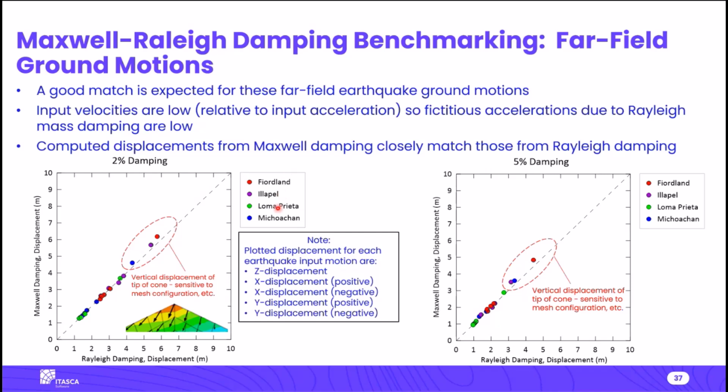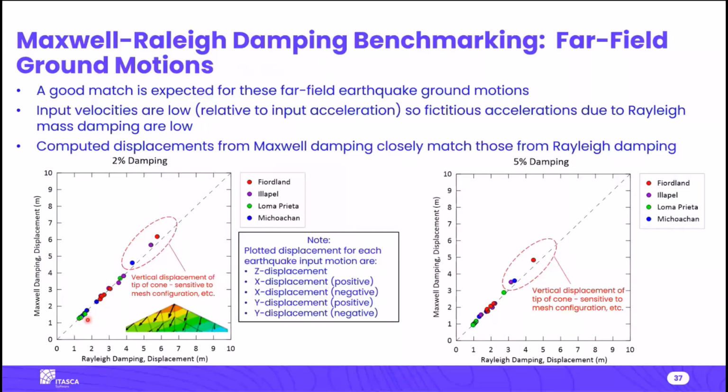The issue is if you have a near field motion, often those have very high velocities, and these fictitious accelerations due to Rayleigh mass damping could be significant. So we want to avoid that, so we're using these far field earthquake input motions.